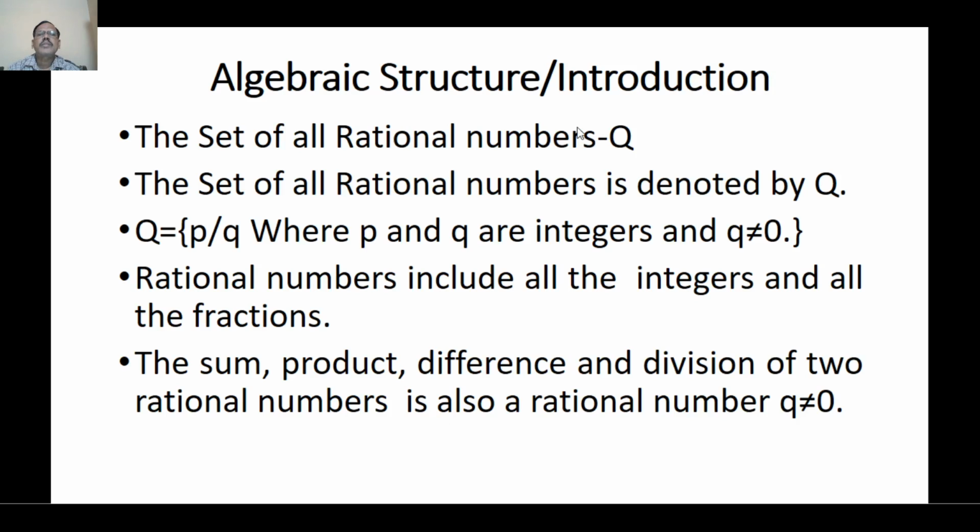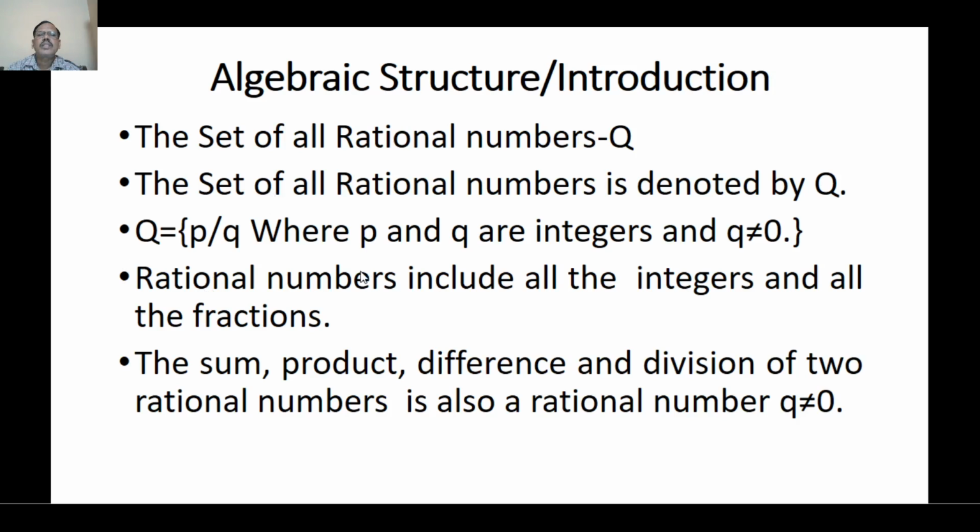The set of all rational numbers is denoted by Q. It consists of the numbers of the form P by Q, where P and Q are integers and Q is not equal to 0. This is one of the big sets which includes integers as well as natural numbers.